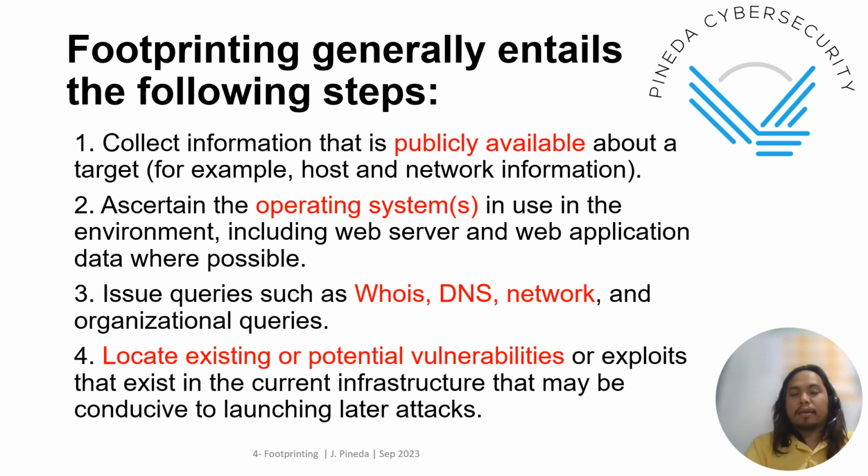So you get technical details like the operating system, what about the organization, the IP, the domain, and other information related to its network. You can also get that through footprinting.